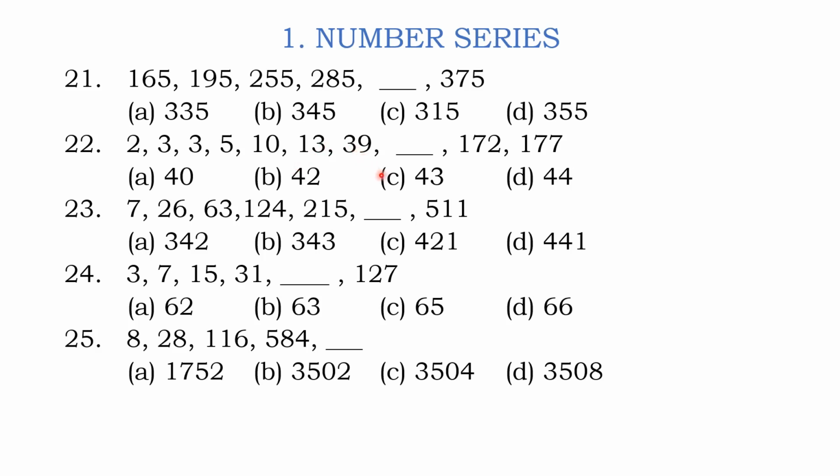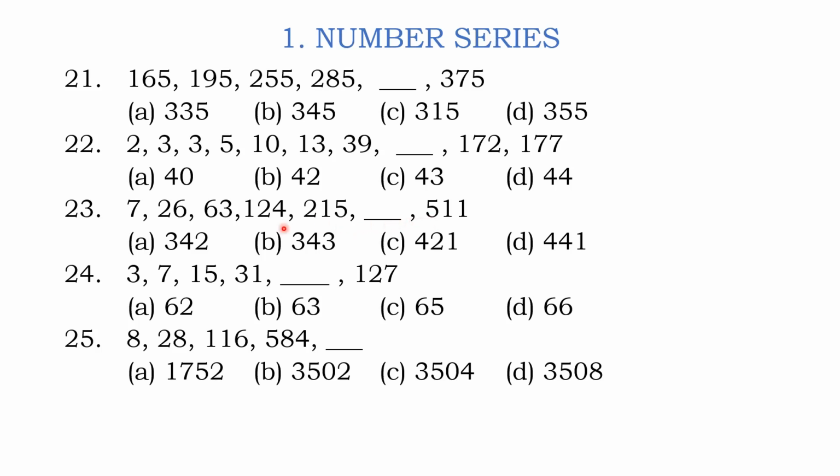So 39 and the next number should differ by 4, so 39 plus 4 it is 43, 43 into 4 is 172, 172 and 177 differ by 5. So the required number is 43. C.